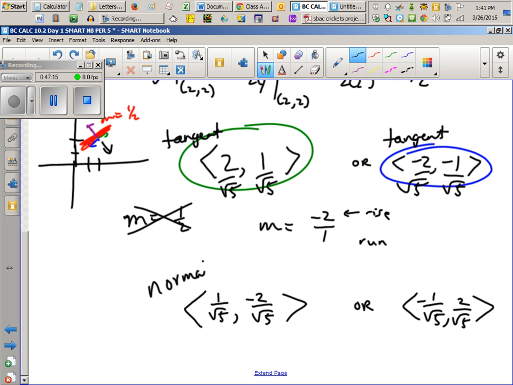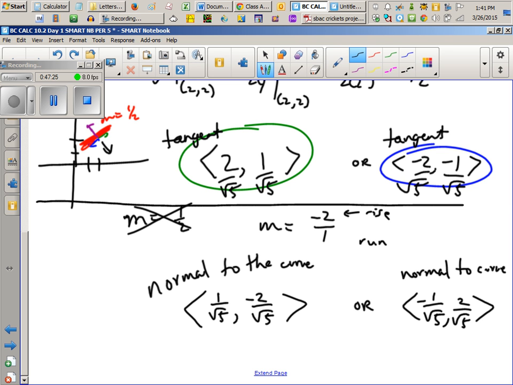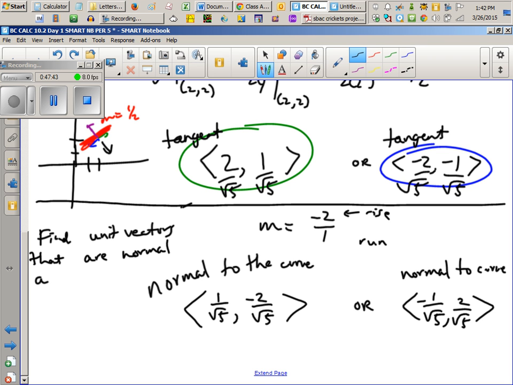These are normal to the curve. So that's if the instructions say find unit vectors that are normal to the curve at 2, 2.